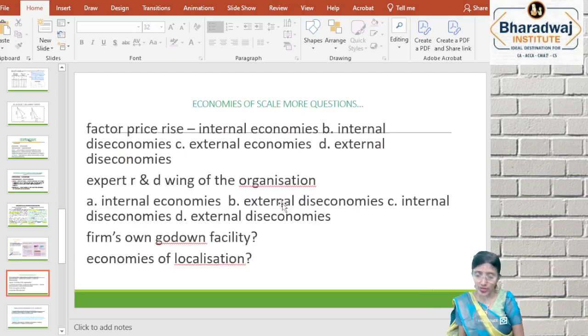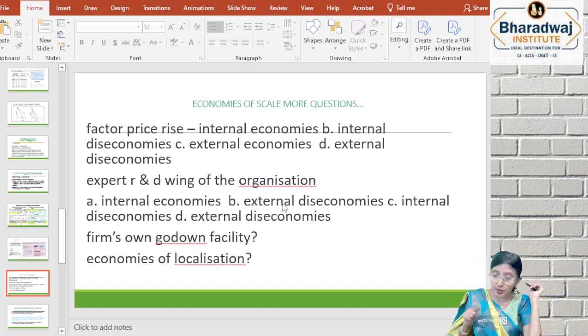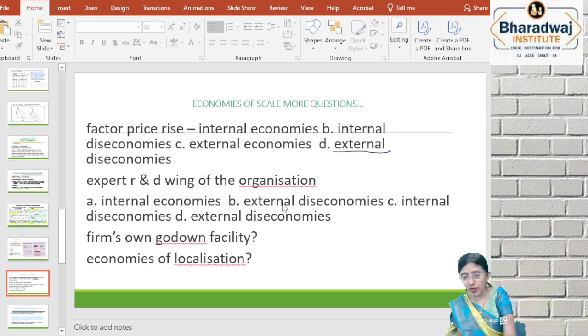Now more questions. Factor price rise. Is it an internal economy or internal diseconomy, external economy or an external diseconomy? Factor price rise is an external diseconomy. There is a rise in the price in the factor market. It is not because of me.